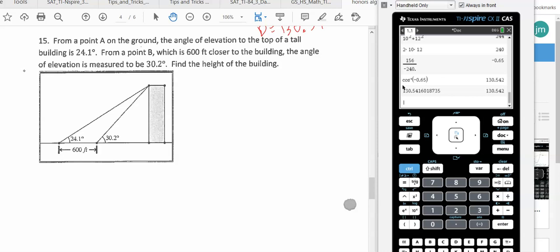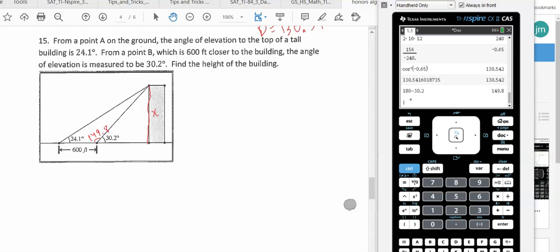So we're looking for this distance here, x. Right away I see we can figure out this angle, right? So let's do that. It'd be 180 minus 30.2, which is 149.8.